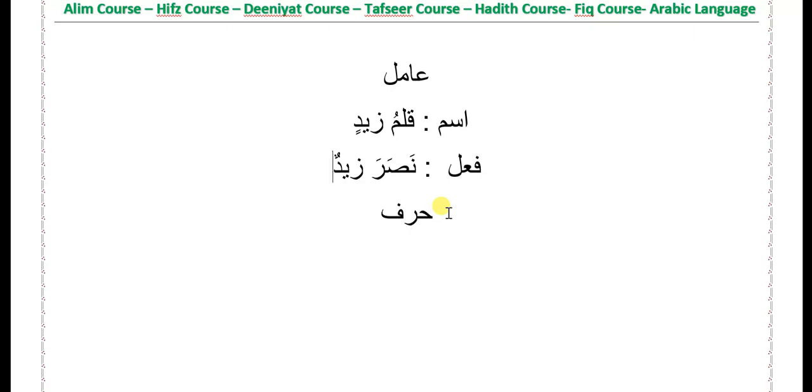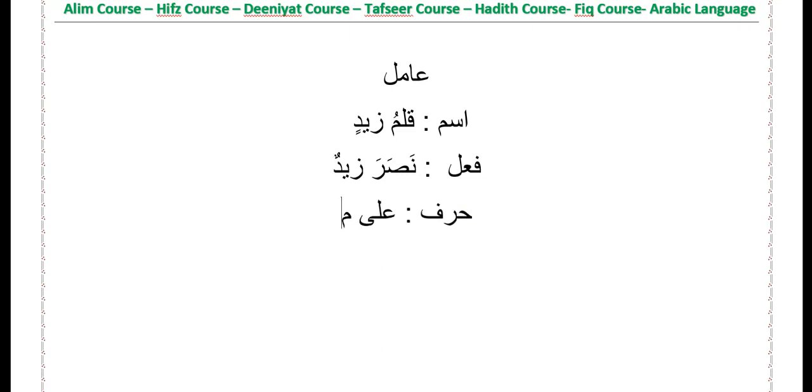So actually here the fail is defining the fa'il. If there is no action, there is no doer. So here nasara is actually a fail which is responsible for giving zamma to zaidun fa'il. If there is no fail, zaidun is no longer a fa'il, but there is a nasara fail. That's why we are saying zaidun is fa'il, and if zaidun is fa'il, it must accept the i'rab of fa'il. It's simple.